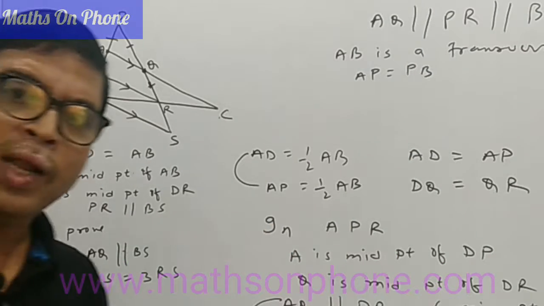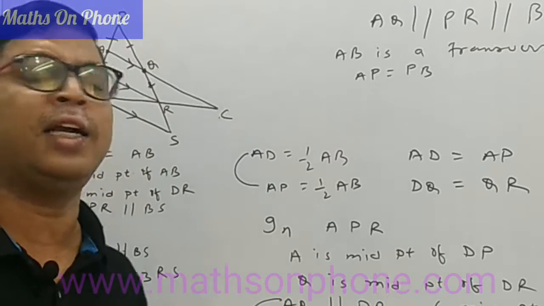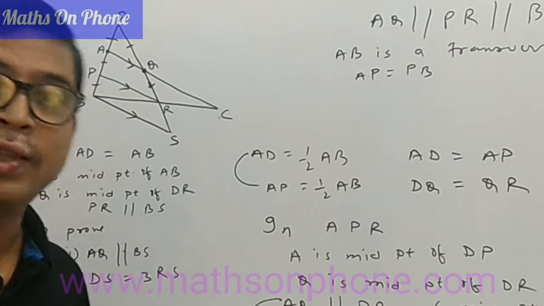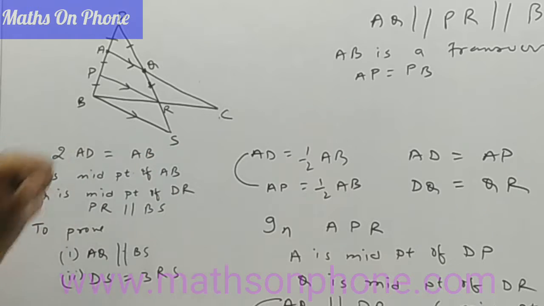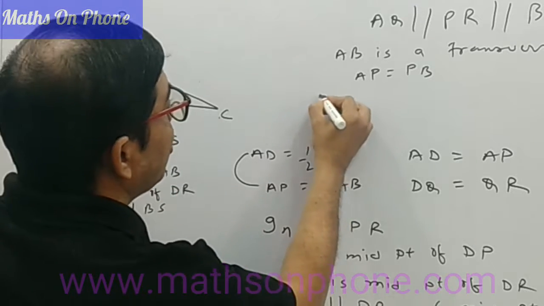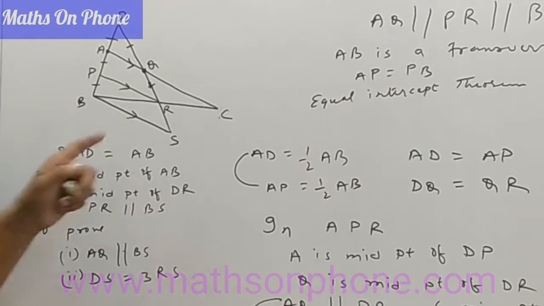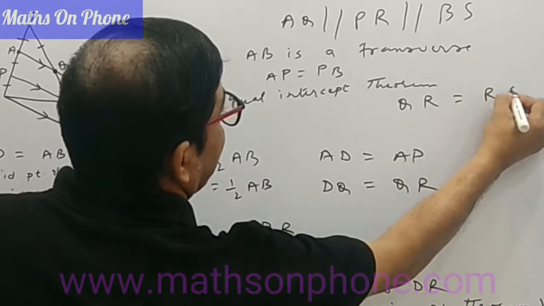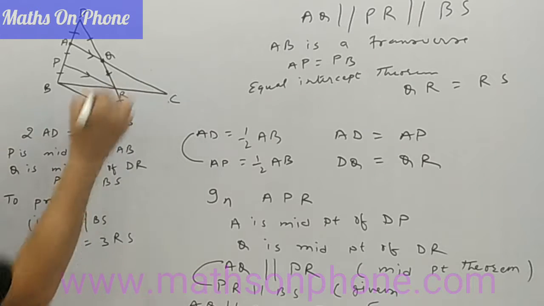So by equal intercept theorem, any other transversal will make the equal intercept between these parallel lines. So see, QS is another transversal. So by equal intercept theorem, we can write QR is equal to RS.